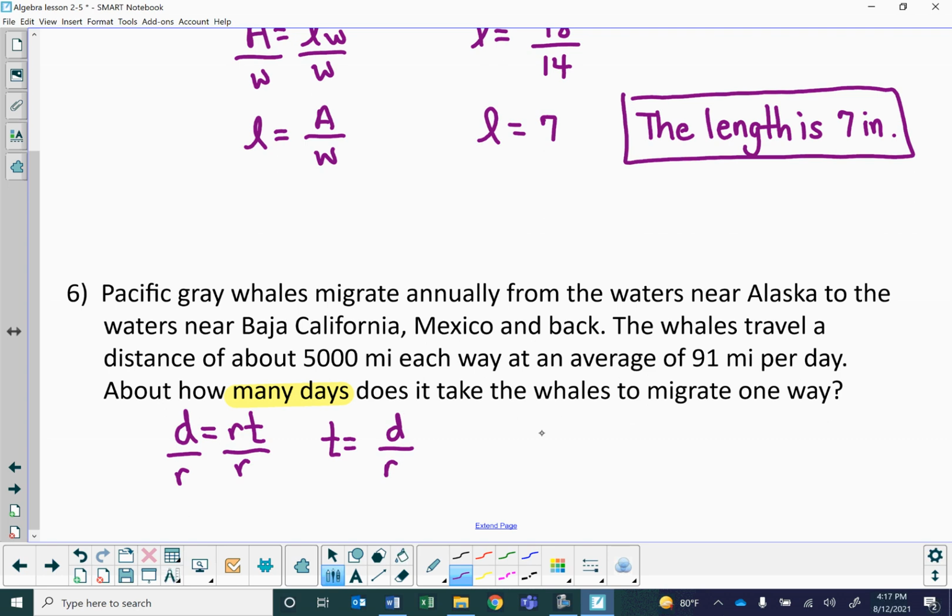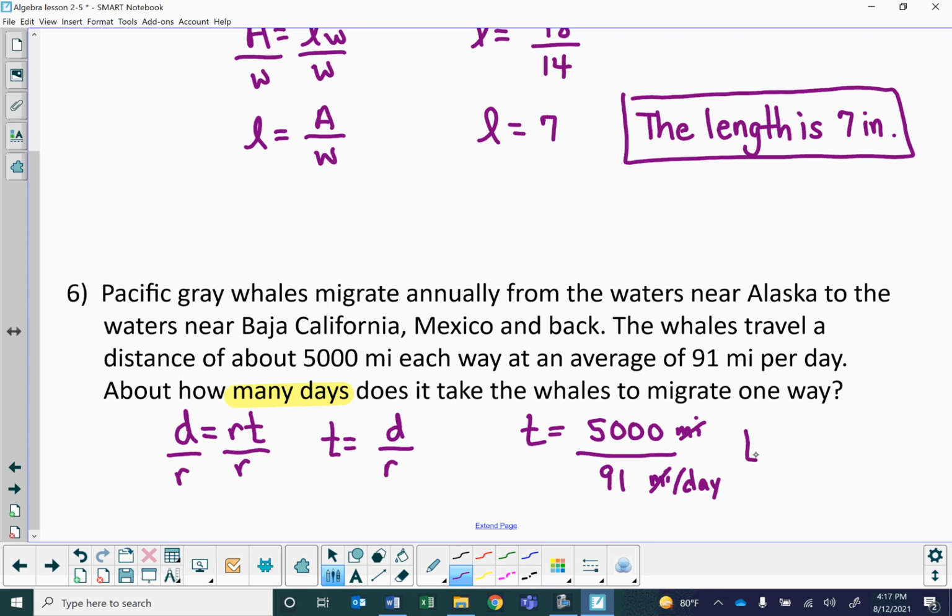Okay, so my time is going to be my distance, which is 5,000 total miles, divided by my rate, which is 91 miles per day. This is miles. This is miles per day. So obviously the miles are going to cancel out, leaving me with my time in days. If I take 5,000 on my calculator and divide it by 91, I'm going to get not a whole number.